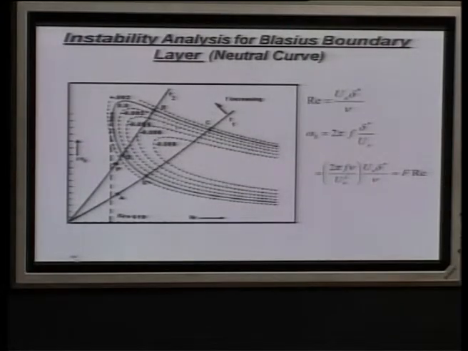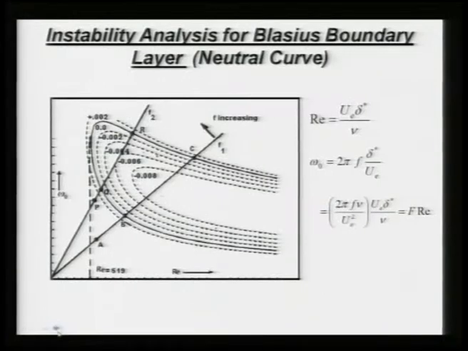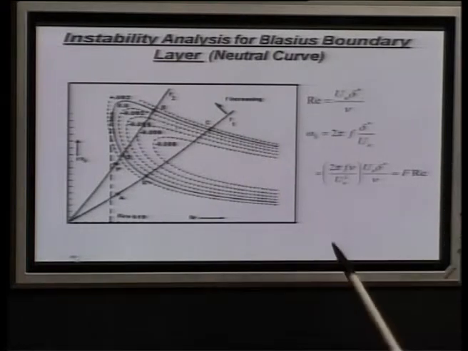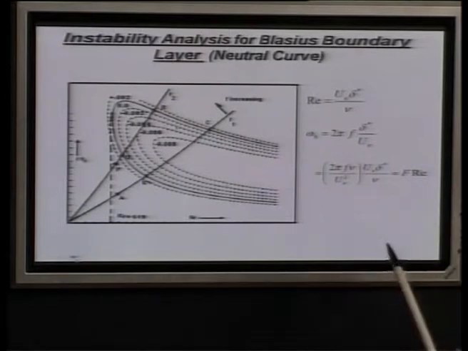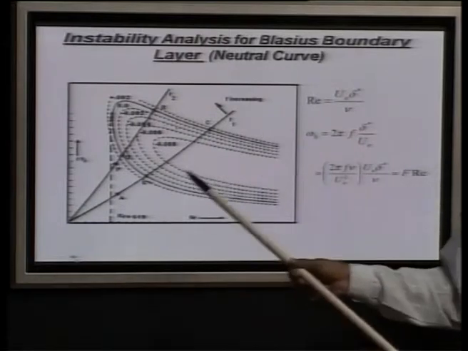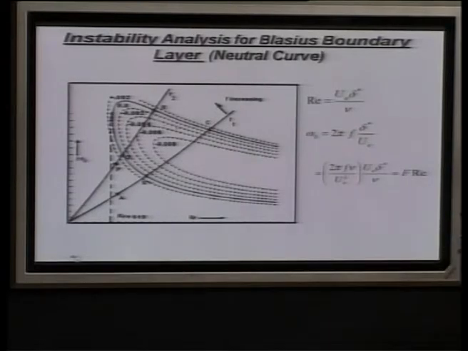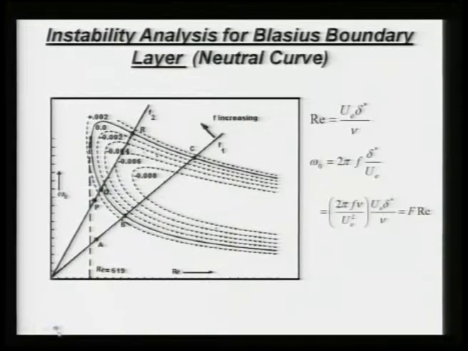That particular Reynolds number is the critical Reynolds number, because it says that below that critical Reynolds number everything is stable according to this parallel flow theory, linear theory of spatial instability. So, got to remember that this is roughly around 519 for the Blasius profile, and this is what we should keep in mind.